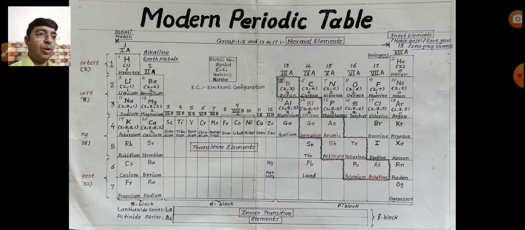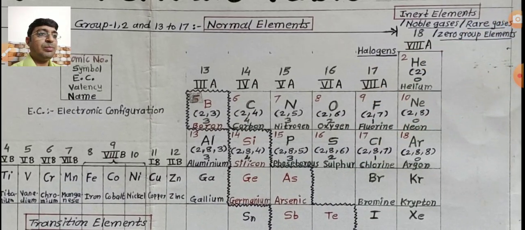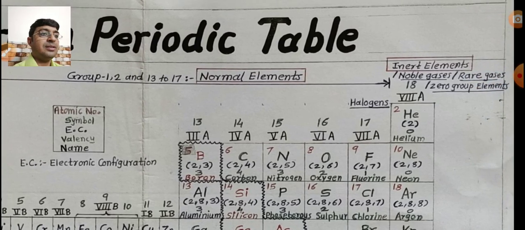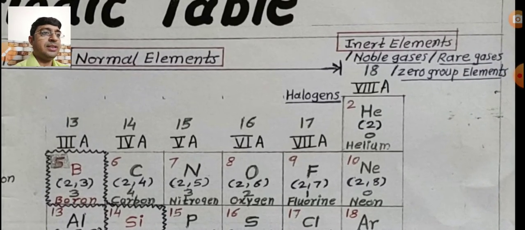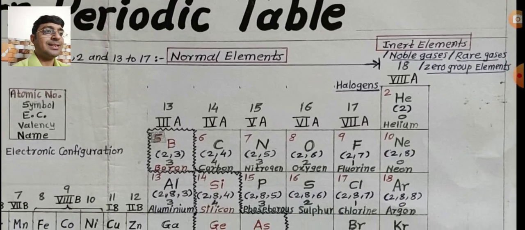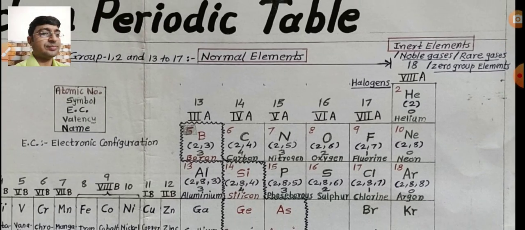What is that group called? First group, check there, alkali metal group. Second group is called alkaline earth metals. Then group number 17 is specially called halogens, and group number 18 is called inert elements, noble gases, rare gases, as well as zero group elements.